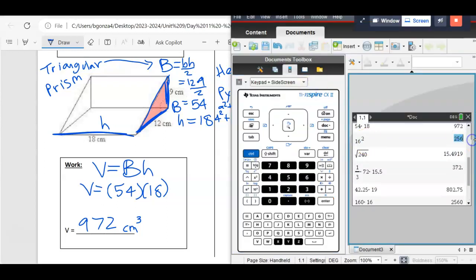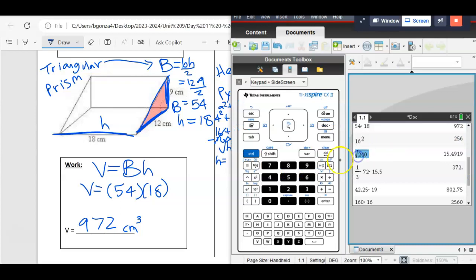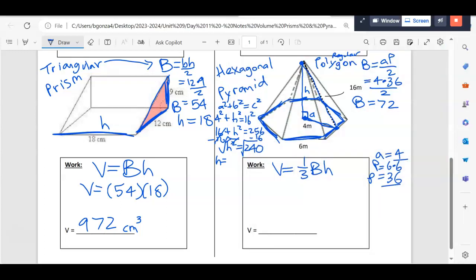16 squared is 256. So I got 16 plus h squared equals 256. Subtract on both sides. H squared is 240. Last step is to square root. Square root of 240 is 15.5.